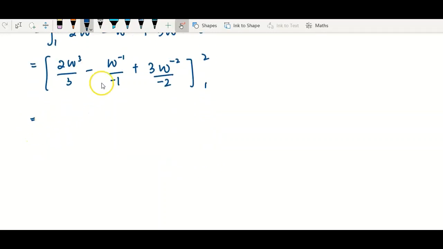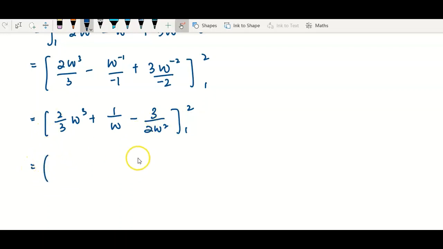Okay, then after that, I'll simplify the integrated function first, which the first term, just leave it as 2 over 3 w to the power of 3. Second term, I will simplify the sign first. I got positive 1 over w, and negative 3 over 2w squared.